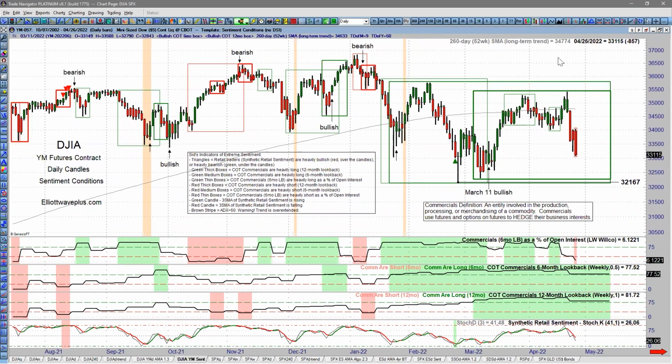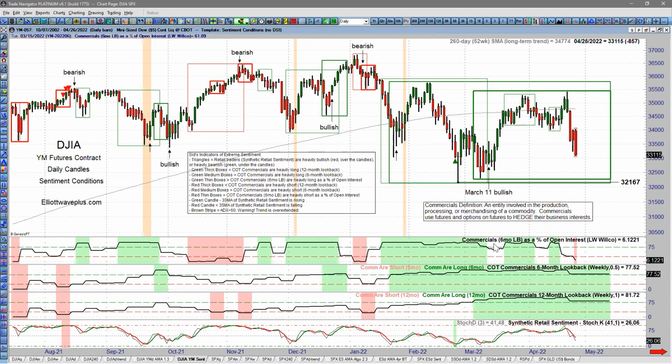But all of the other indicators that you see up here, these green boxes and these red boxes, are all generated by these three commercials indicators: the fast acting, medium, and slow acting indicators of commercials positioning.